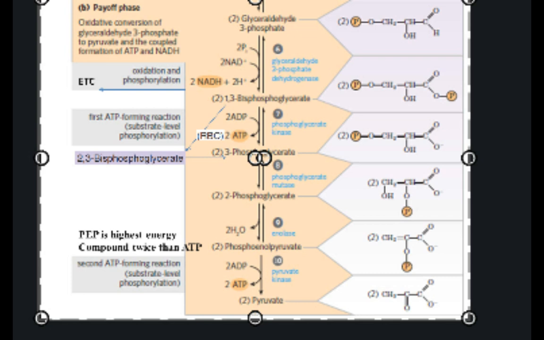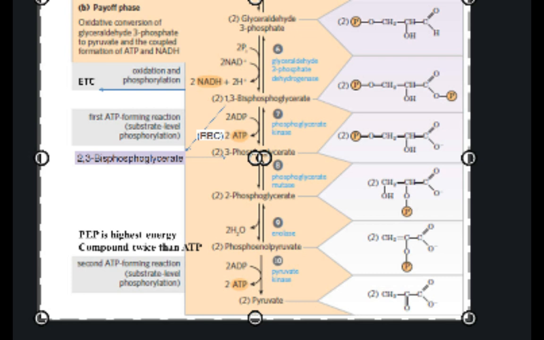3-phosphoglycerate is converted into 2-phosphoglycerate through the enzyme mutase, which is reversible, and 2-phosphoglycerate is converted into phosphoenol pyruvate. Enolization takes place. Enolase enzyme catalyzes this reaction, and phosphoenol pyruvate is a high energy compound which further converts into pyruvate, which is a low energy compound. Pyruvate kinase converts this into pyruvate, and it utilizes the energy to synthesize ATP.